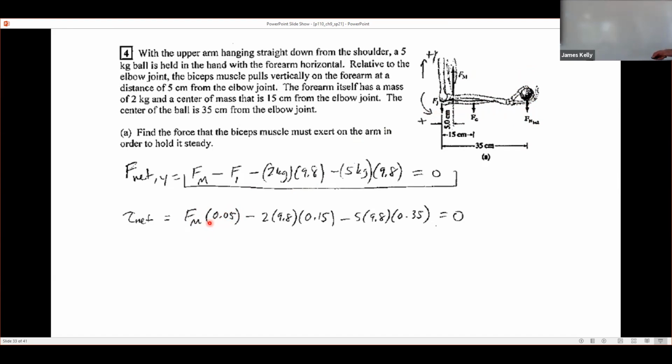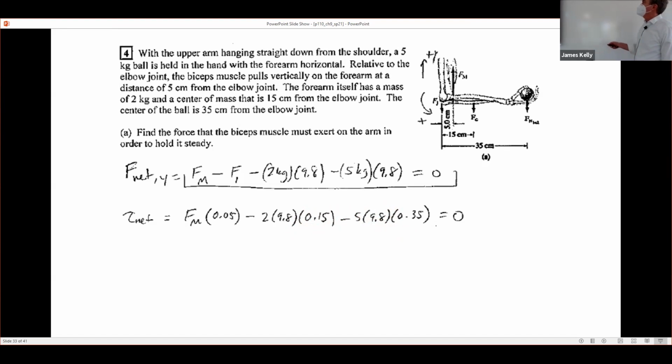Moment arm for the mass force, that's mg. Oh, I'm sorry, that's the muscle force. Okay, I see now. The muscle force has a moment arm of 5 centimeters. The forearm mass, I guess, is 2 kilograms, and it has a moment arm of 15 centimeters. And the 5 kilogram ball has a force of 5 times 9.8 at 35 centimeters.